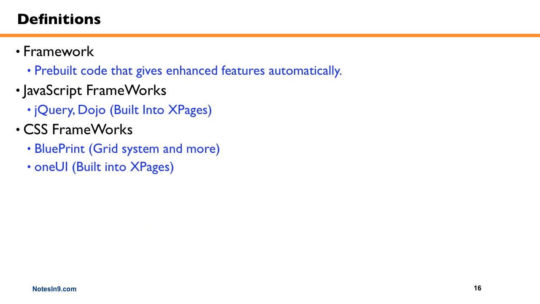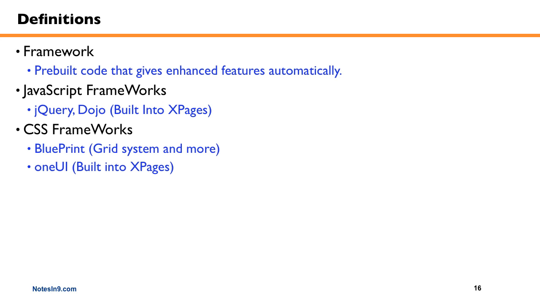Okay, so before we go on, let's just talk about a couple quick definitions of what a framework is, because I've mentioned this JavaScript framework Dojo before, and it's just pre-built code that you can use to do stuff, and more often than not, it's free, so we like that. jQuery is another very popular JavaScript framework. Dojo is built into XPages, but jQuery could be used in XPages as well if you wanted that functionality.